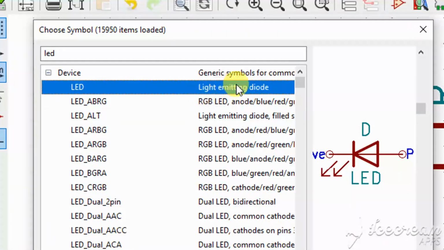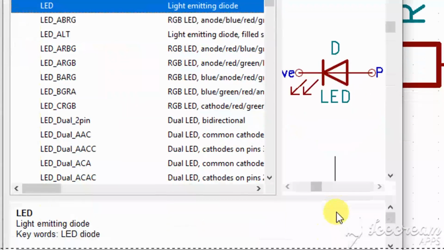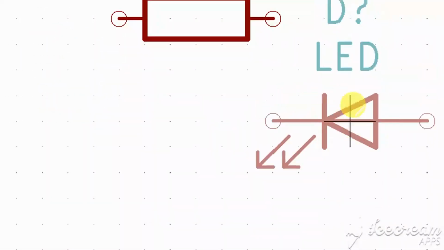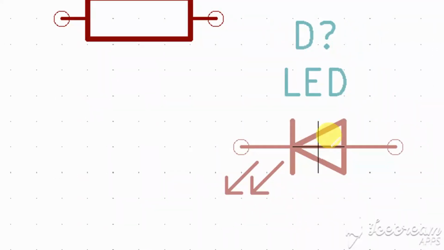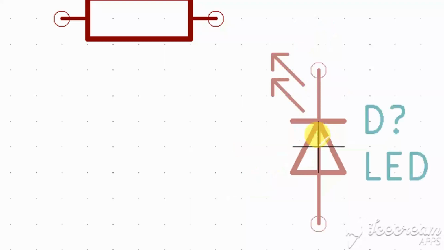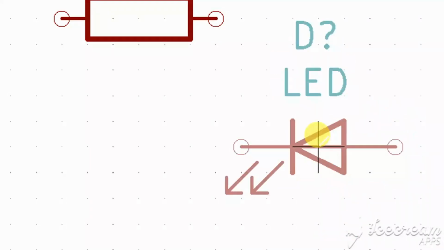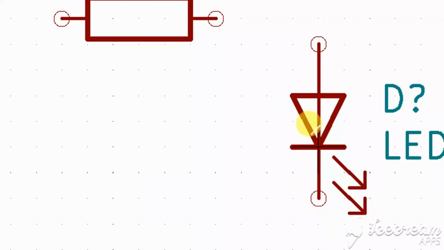Click this light emitting diode LED, this is the LED symbol, and next click OK. Your LED shows. How to rotate this? You press R on your keyboard and it is rotated to any side. If you continuously press, it rotates to all sides. This LED I place it. Click this area. This is set correctly.